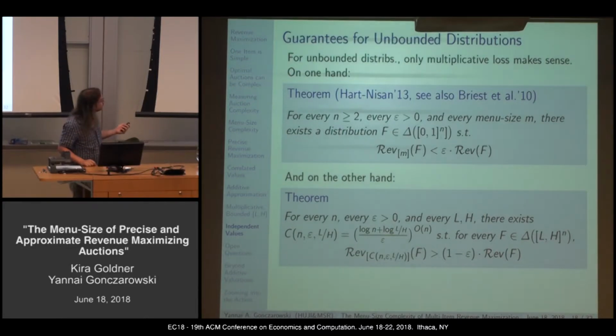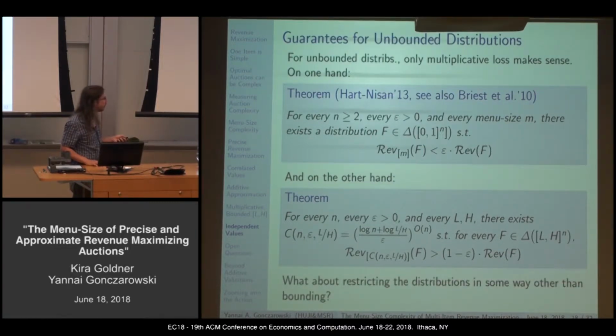So recall that on one hand, if we look at correlated distributions and we want some kind of multiplicative guarantee, we can't get anything. On the other hand, if we just bound the distributions between L and H, this is a fancier version of what you've seen in the last slide. Instead of 1 over H, we have L and H. Then we can guarantee a lot.